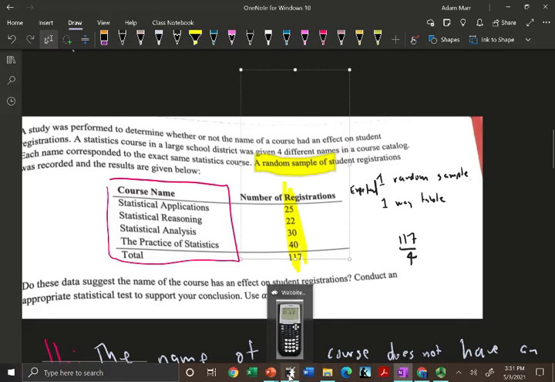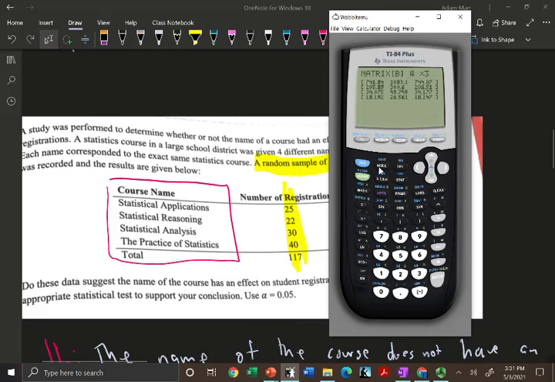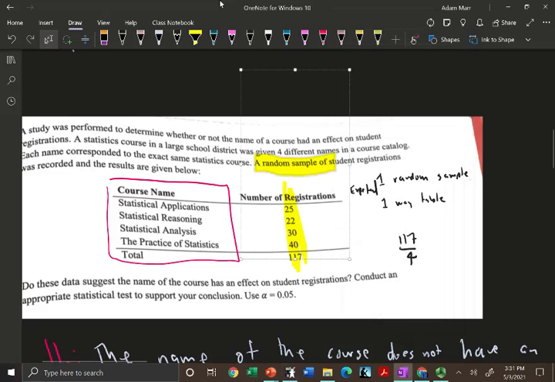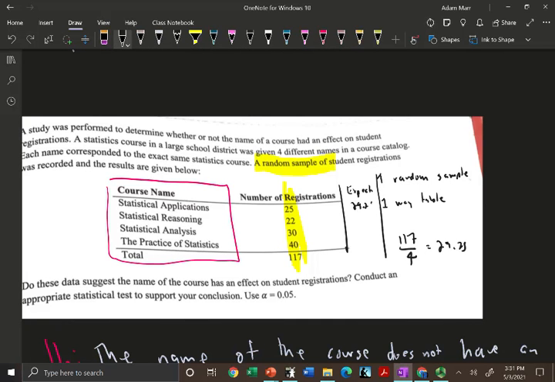So 117 divided by 4 is going to give me 29.25. So the expected values right here are 29.25, 29.25, 29.25, 29.25.